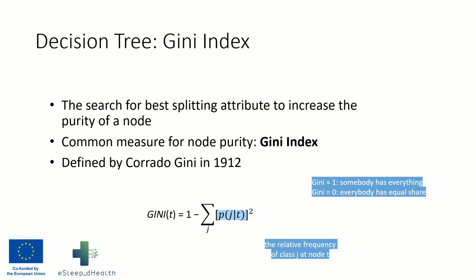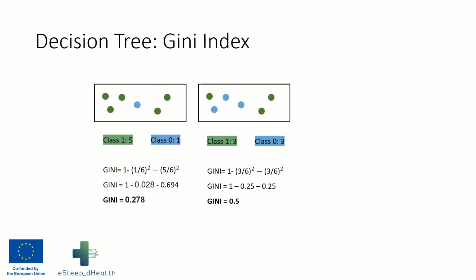And then we take this times itself and then take the sum of all the classes, of all the nodes, and then we do 1 minus this sum. But let's look at an example to understand this better.